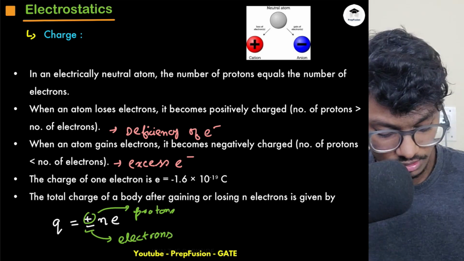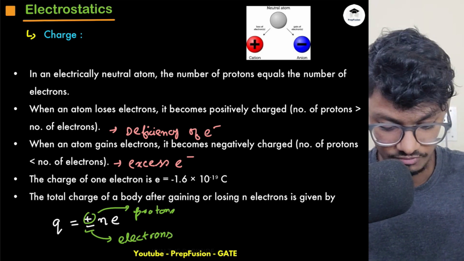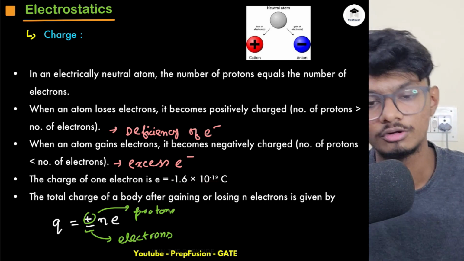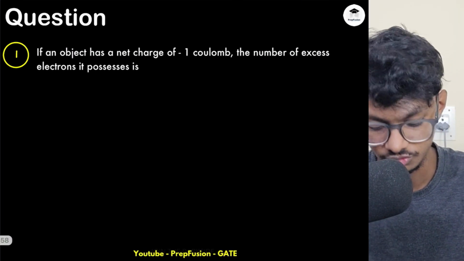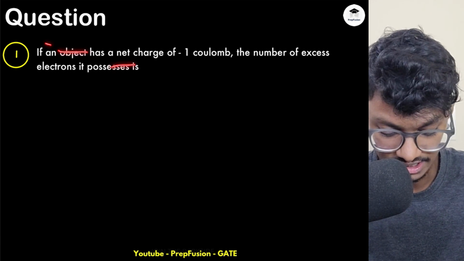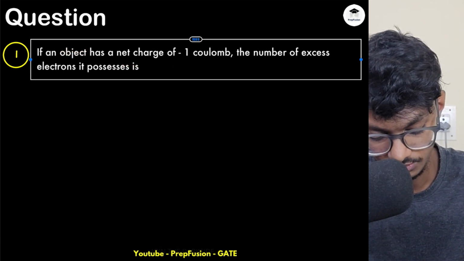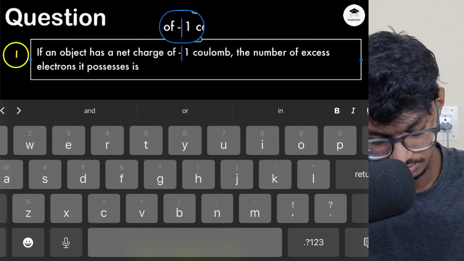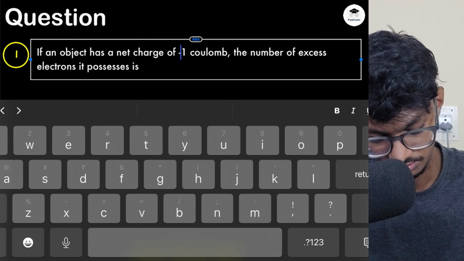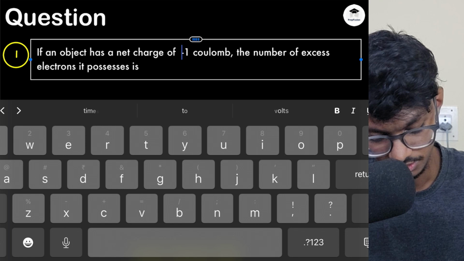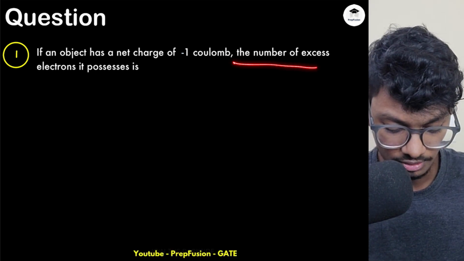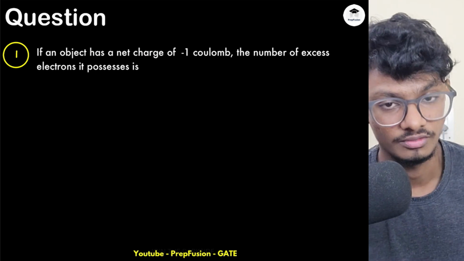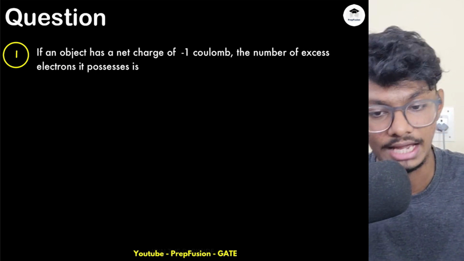So this much we have got to know, that the magnitude of the charge of an electron is 1.6 into 10 raised to the minus 19 coulombs. If an object has a net charge of minus 1 coulomb, how many excess electrons can it have?